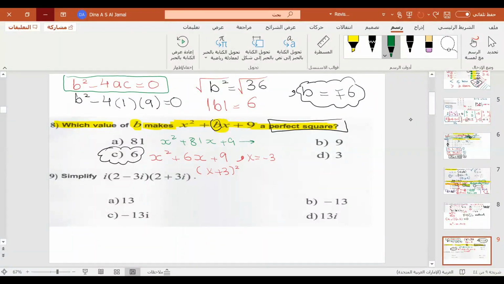In the simplification, he is giving you imaginary numbers and two binomials of imaginary multiplied by each other.